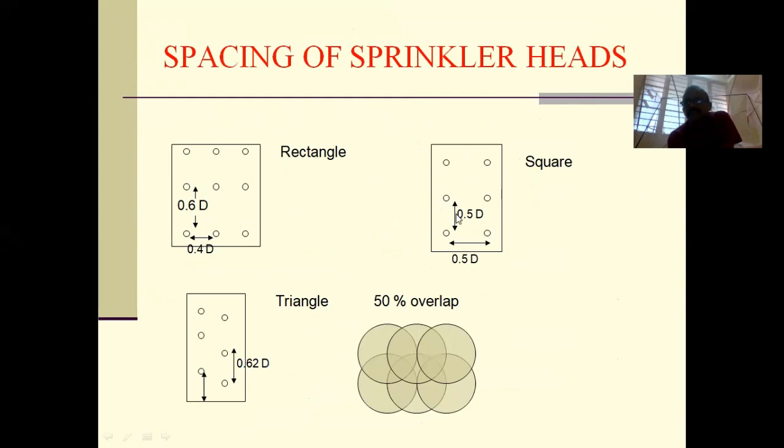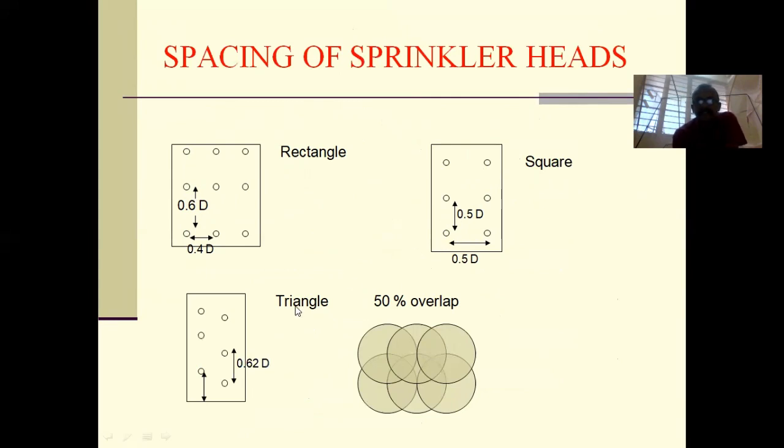Then laterals are placed at a smaller distance in square, and at a larger distance in rectangle. So we will have fewer laterals in rectangle. So if you have a control valve at every lateral, then the cost of the control valves is reduced in rectangular spacing, and in case of square spacing, it is increased.